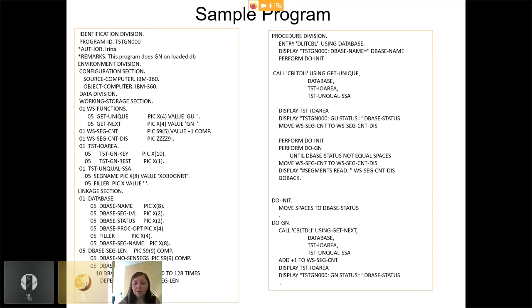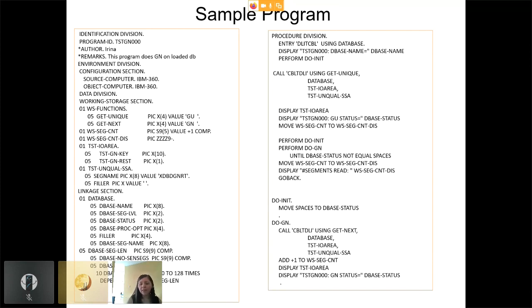Further on, it does retrieval with get next. Get next is sequential access through the database. So it will do it in a loop until there are no more segments. What I did is I said I will continue looping and getting my segments until the status is not spaces.